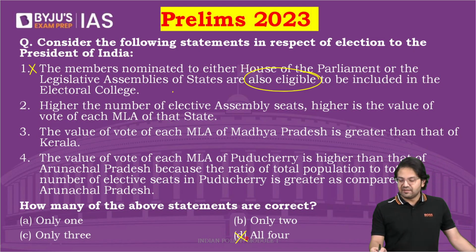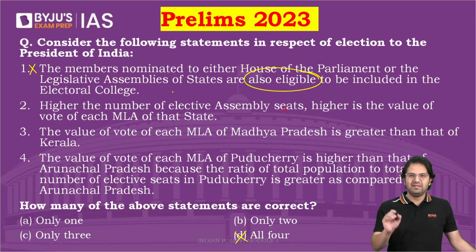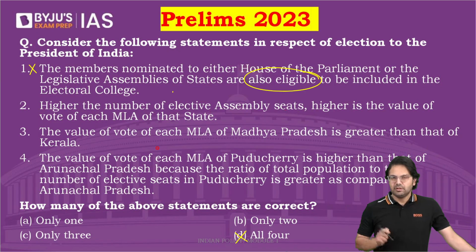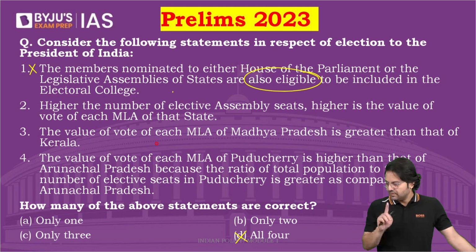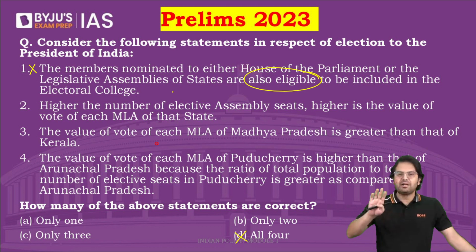Higher the number of elective assembly seats, higher is the value of vote of each MLA. Now please tell me, what's the formula? The formula is population upon what? Number of elective seats. Yes or no? Population upon number of elective seats.